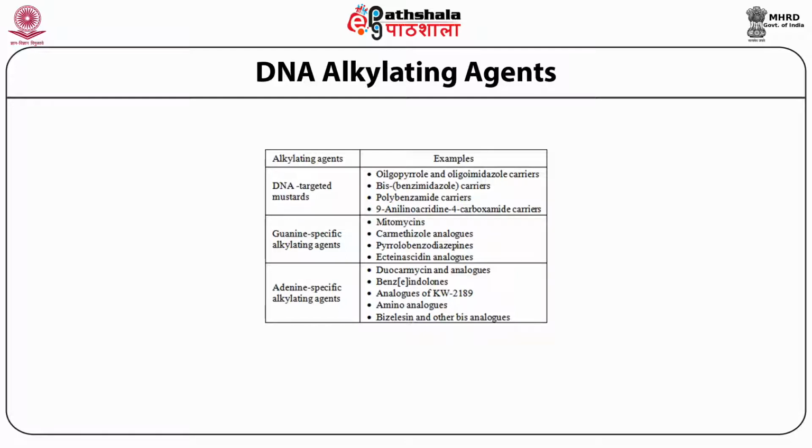The guanine specific alkylating agents are mitomycins, carmethizole, pyrrolobenzodiazepines, and the adenine specific alkylating agents are the duocarmycin analogs, benzimidazolone inhibitor, analogs of KW2189, amino acid analogs, and bizelesin and other bis analogs.